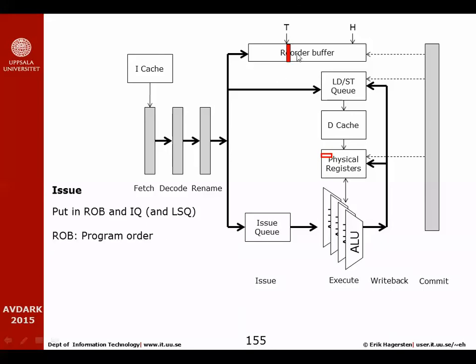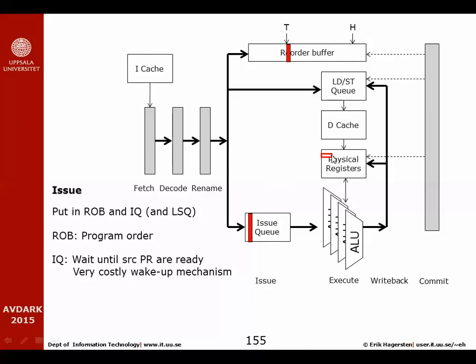So as I said before, the instructions will go into the reorder buffer in program order because there is no reordering going on here. And we will put the newest instruction at the tail pointer in the reorder buffer. We will put the instruction in the issue queue on its way to the execution units. And it will sit and wait in the issue queue until its source physical registers are ready.